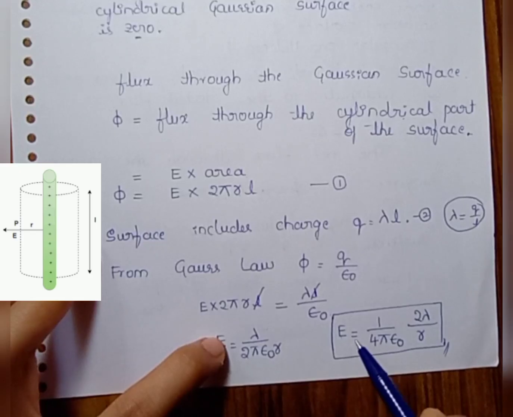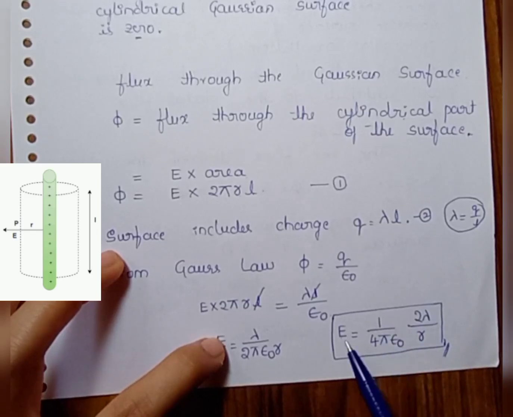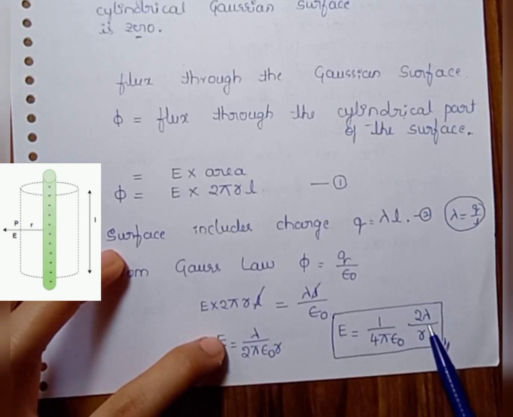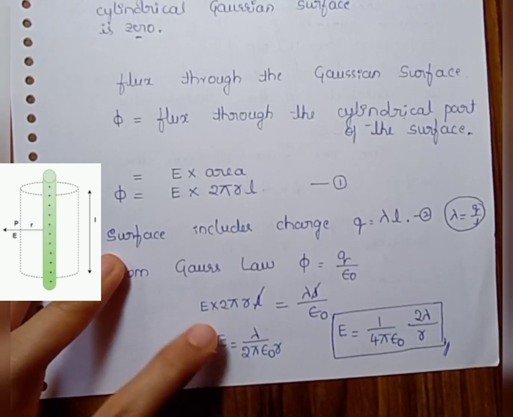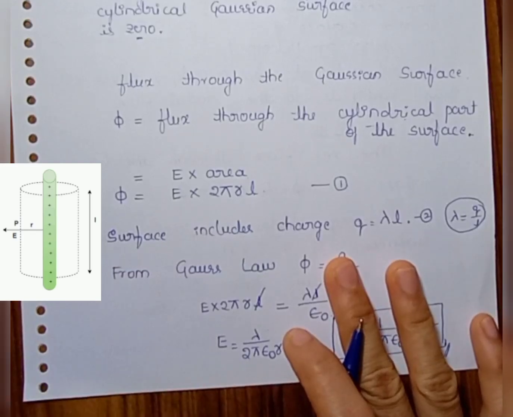So finally E is equal to 1 by 4 pi epsilon naught times 2 lambda divided by R. This is the expression for the electric field due to an infinitely long straight charged wire. This is the first application of Gauss law, and this derivation is very important for 5 marks.